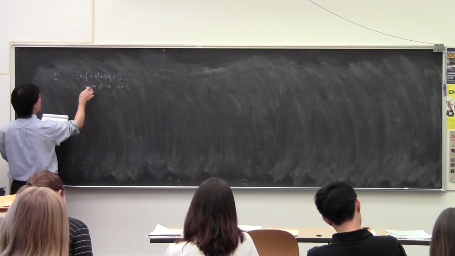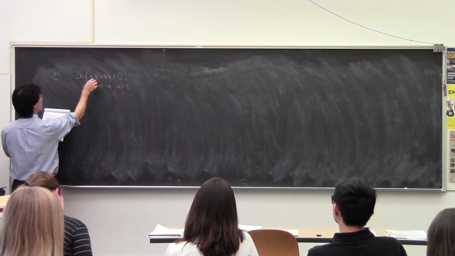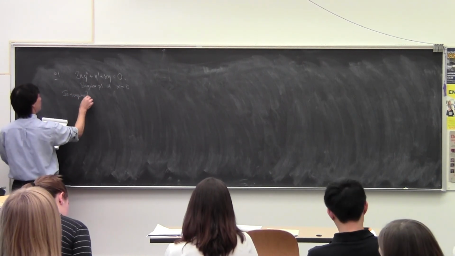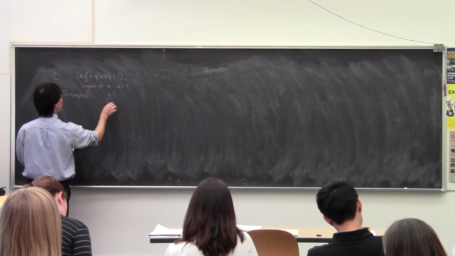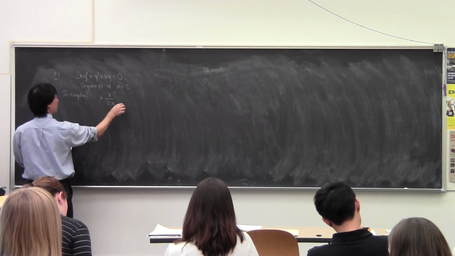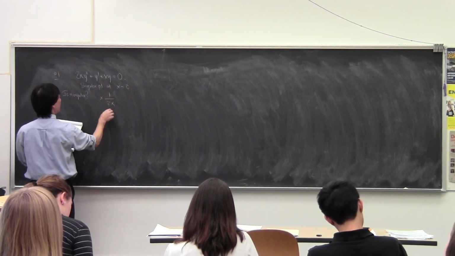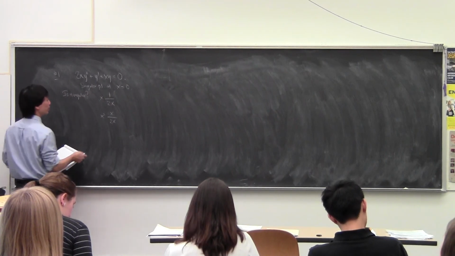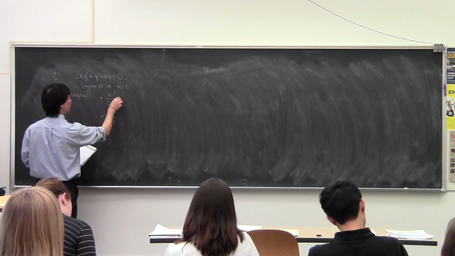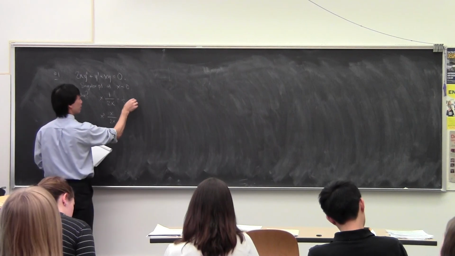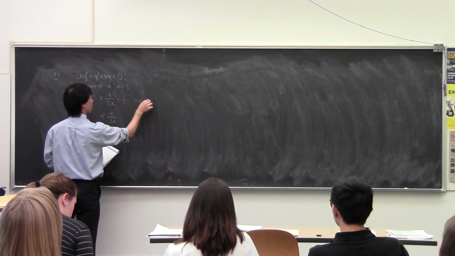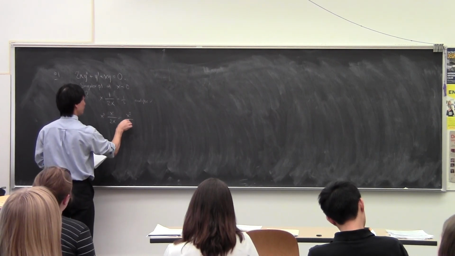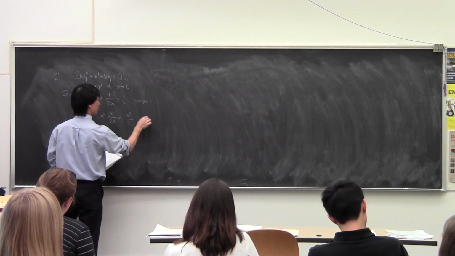We check to see that it's a regular singular point by considering 1 over 2x and multiplying that by x, and also considering x over 2x and multiplying that by x squared. And you say, oh look, this is 1/2, which is certainly analytic. And this one is x squared over 2, which is also analytic.